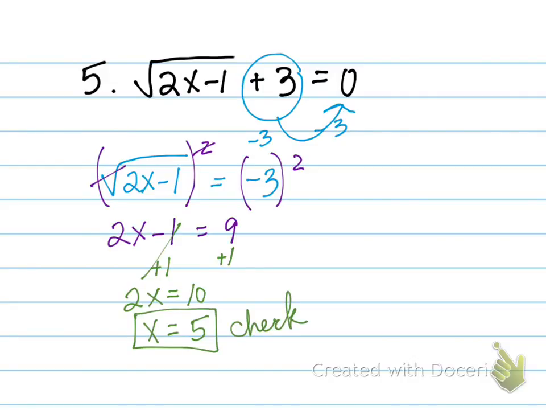And I want to check it. So I'm going to plug that in to my original. So the square root of 2 times 5 minus 1 plus 3 equals 0.